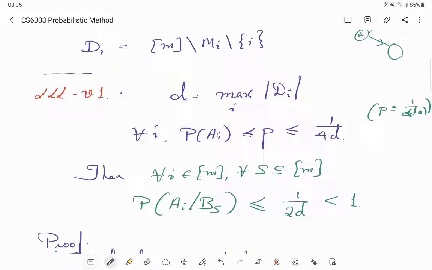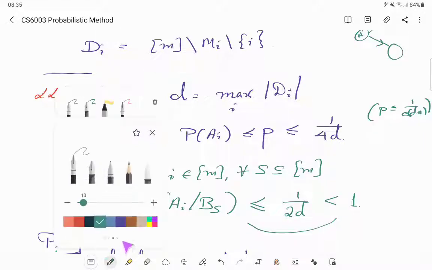Okay, and then what is our claim? Our claim is that the probability of the union of events AI is going to be strictly less than 1. But after all the massaging, what we have to show is that for any index I in M and any subset of indices S, the probability of AI given BS is at most 1. That is all that we really care about showing.